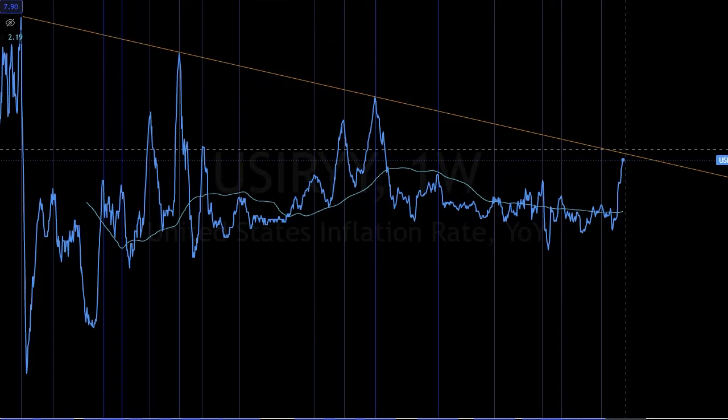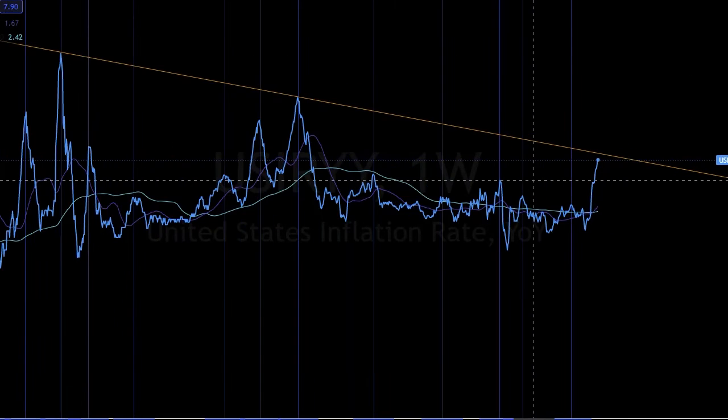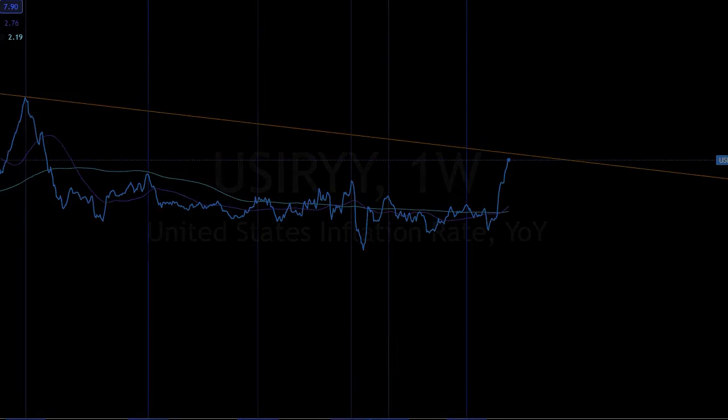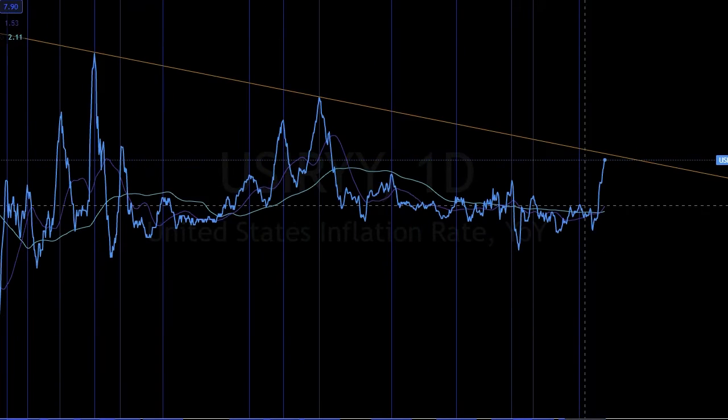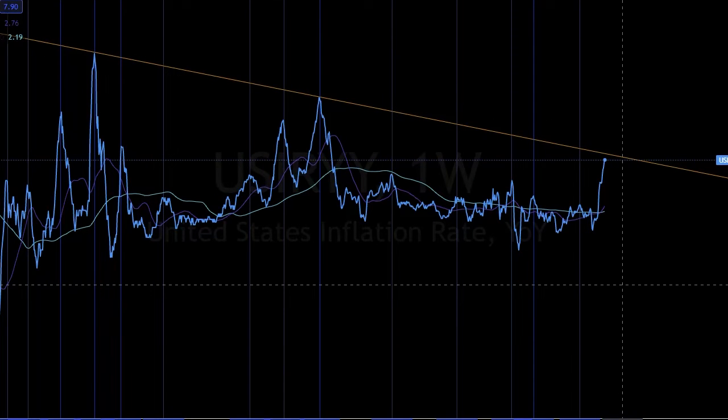In the event that you do break out of this trend line, you have to remember, inflation is in a raging bull market here. On the weekly basis, it's above all of its key moving averages by a substantial margin. So it is due for a pullback, but when you factor in what's coming down the pipeline for the new CPI data, it's going to take in a lot of the commodity shocks.